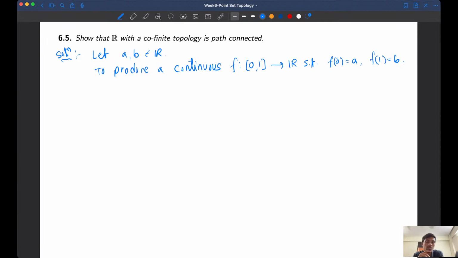So can you give me one such path? (x - a) divided by (b - a).